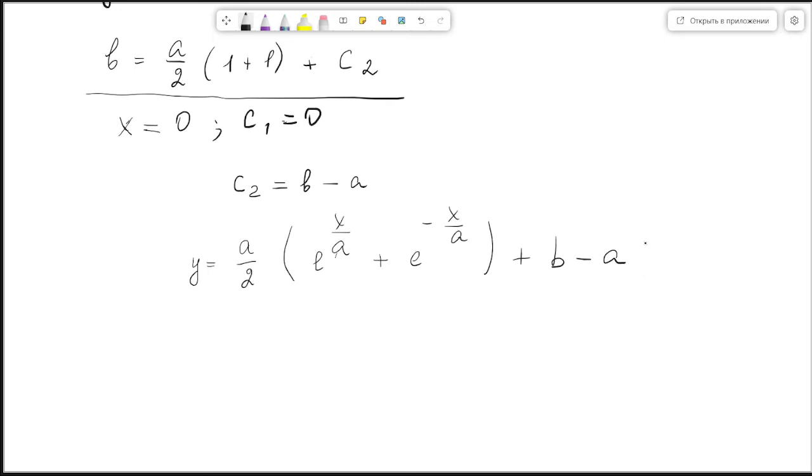Equation 7 assumes a very simple form if we take the ordinate of M0 equal to a.